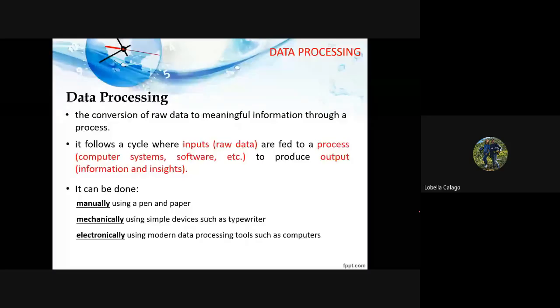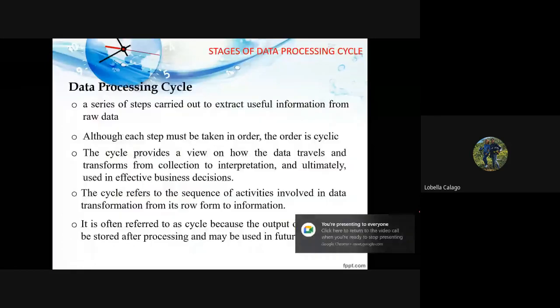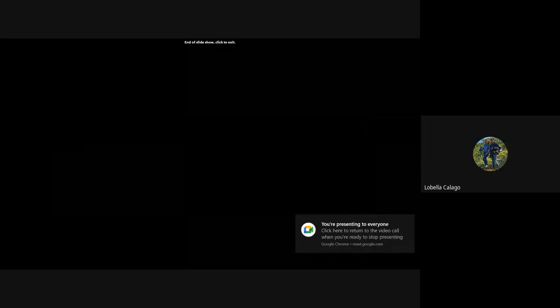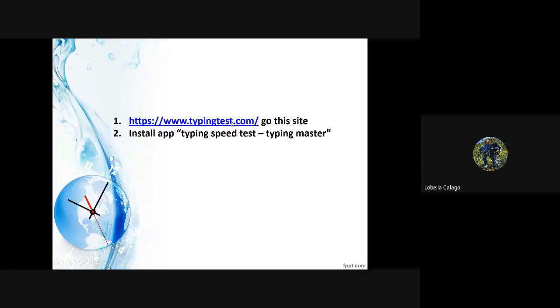Okay, sa Play Store, yung ihanapin ninyo is... Ito na talaga ita-type niyo talaga. Typing speed test dash typing master. Yan. And then, pwede din dito so that you have an idea what is about typing test. Okay? Thank you, ma'am.